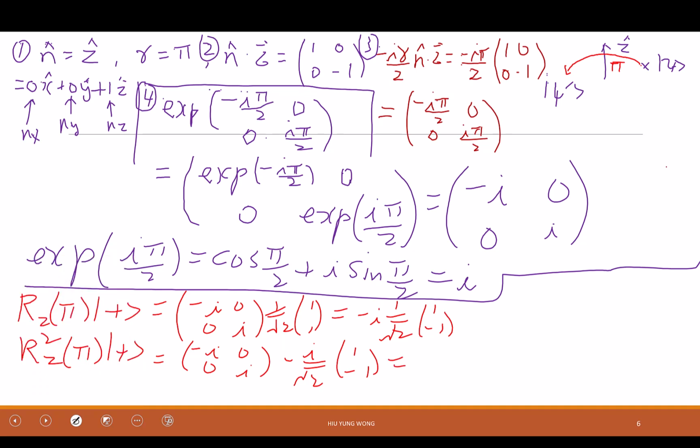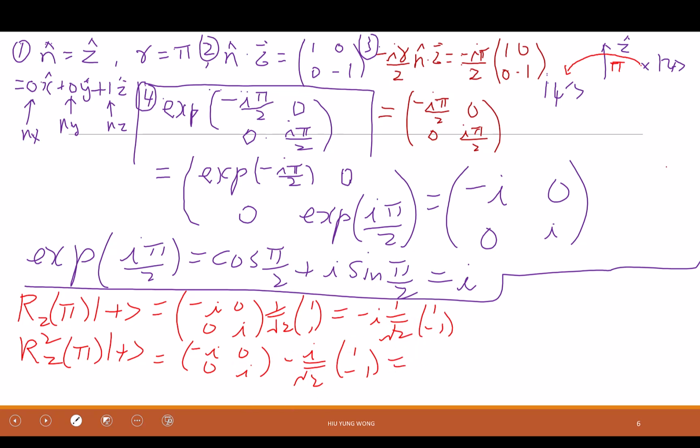Right? Do you see what I'm doing? I applied 2 rotations to the plus state, 2 pi rotation. So it's just like I apply one more to what I had before, because this is 1 pi rotation, right?